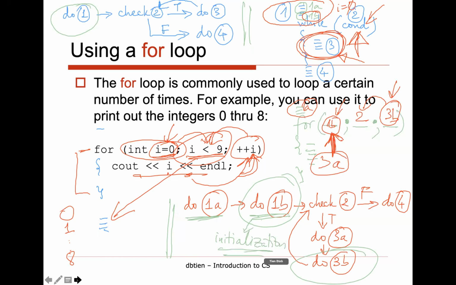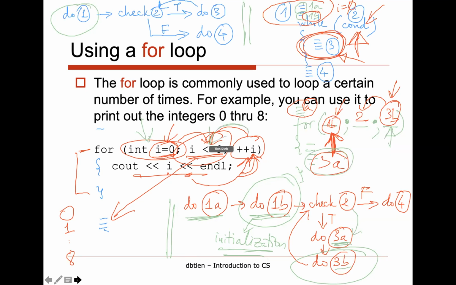So in the for loop, what you start with, you initialize i is 0 now to start with the looping, and you still check the number 2, then do the 3. But number 3 here they also split into 3a and 3b. 3a is the one you need to do many times. 3b is a thing that may change the effect of the condition.